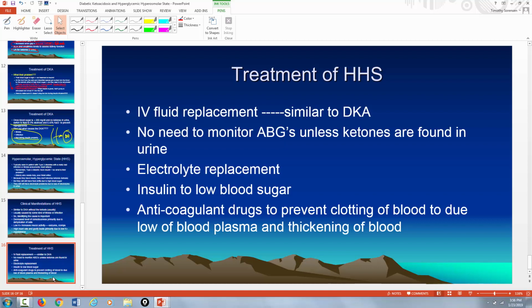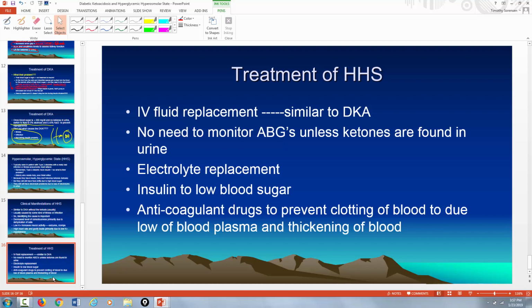The last thing you need is for them to develop hypokalemia and go into ventricular fibrillation. And then insulin to lower the blood sugar. And again, you're losing all that fluid along with the electrolytes, so the blood thickens up, and in some cases they will give something like Lovenox to prevent blood clotting until you can resuscitate them with IV fluids.